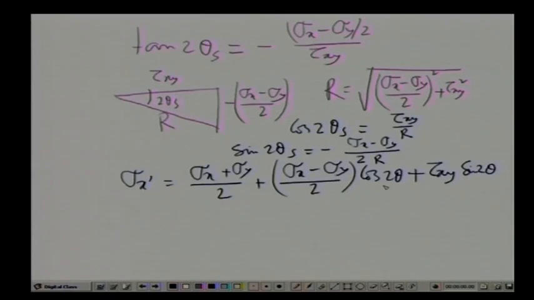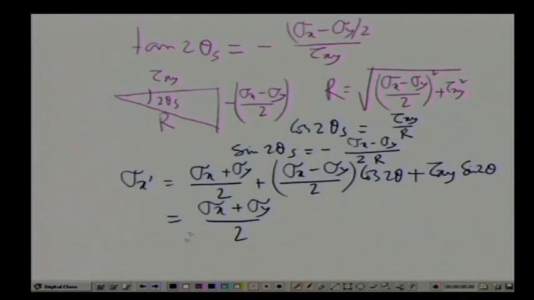Now, in place of cos 2 theta and sin 2 theta, if we substitute the values of cos 2 theta s and sin 2 theta s, we will get the value of normal stress, and also we will get the values of shear stresses on these planes. Now, if we substitute these values, we get this equal to sigma x plus sigma y by 2, because these two terms get cancelled once we substitute these values.